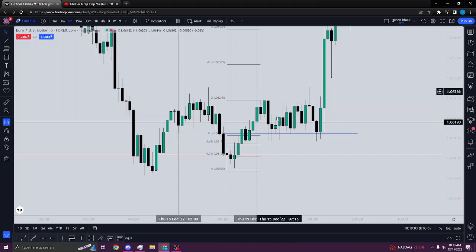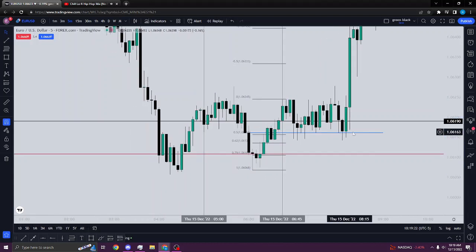So from low to high, this is a discount. You want to be a buyer below the 50%. You could be a buyer a little bit above it, but as long as it taps, that's why the wicks came down into a discount. So anywhere buying below that 50% or on this opening price of the bullish order block, you're fine.